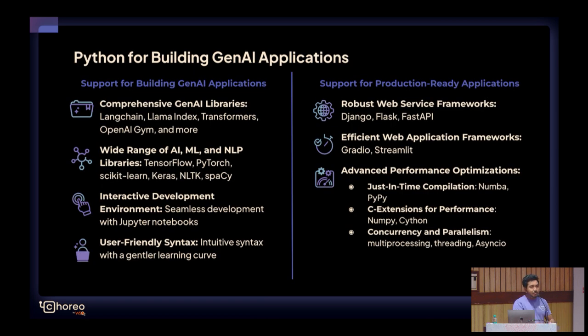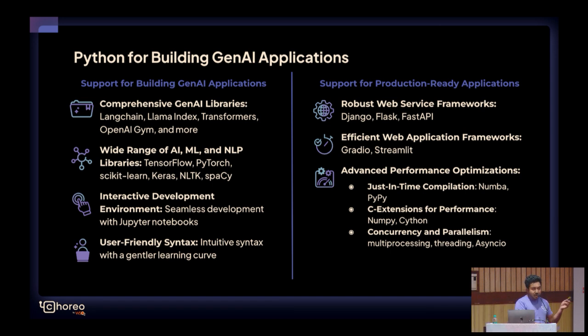So why do we think Python is one of the best languages for building GenAI applications? Mainly because Python has a lot of GenAI support libraries. LangChain is the main one, and there are a lot of other libraries as well. Python also already has the traditional machine learning libraries.